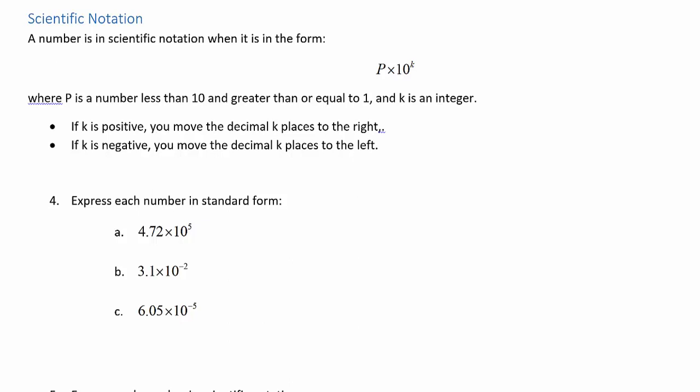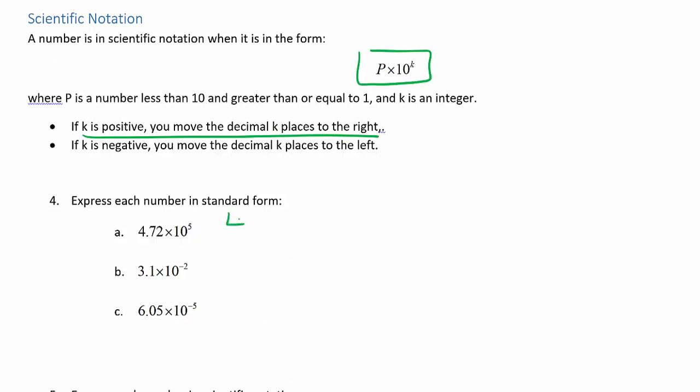So in scientific notation, you always have a number that's between 1 and 10, smaller than 10 though, times a power of 10. And it turns out if you want to multiply by 10 to a positive power, you can actually move the decimal, in example A, 5 places to the right.